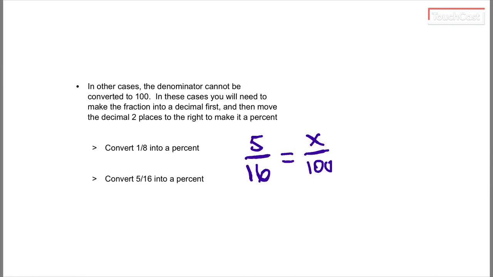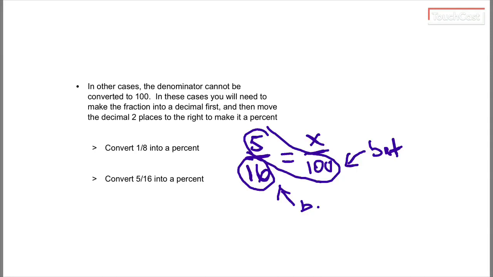We would use a method called cross multiplication, in which we're multiplying 5 and 100 and then dividing that answer by 16. I call this method the baseball and bat method because this is your bat, that is your baseball. Okay, but we'll talk more about that in class.